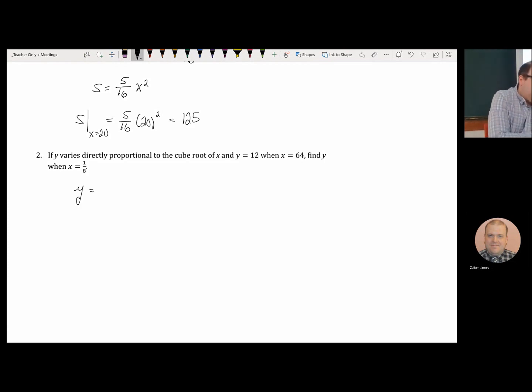Is the phrase "proportional to" the same as "varies directly as"? Yes. So you could say y varies directly as the cube root of x. Same thing.